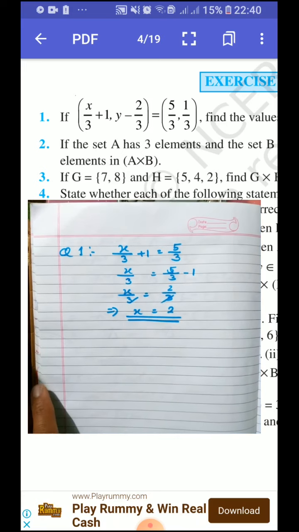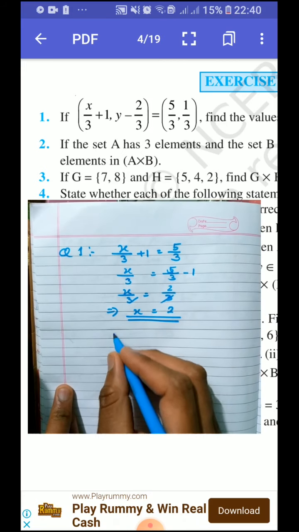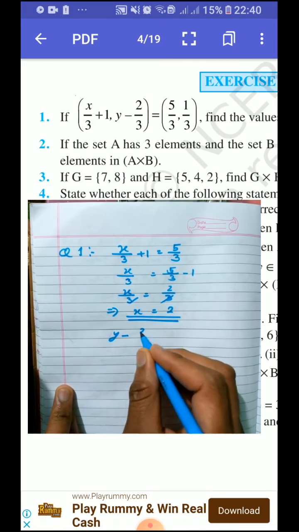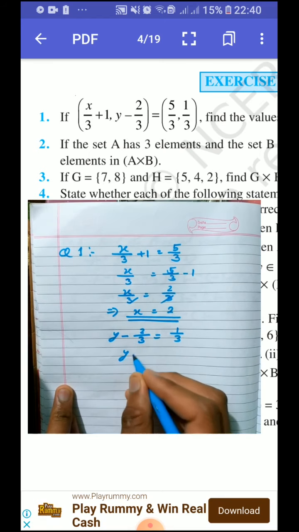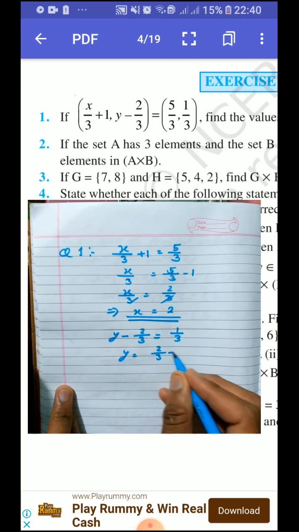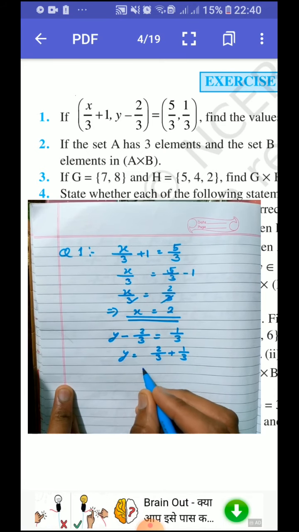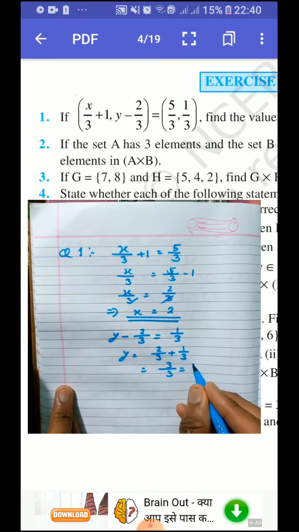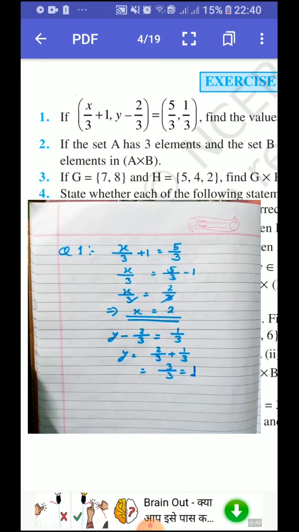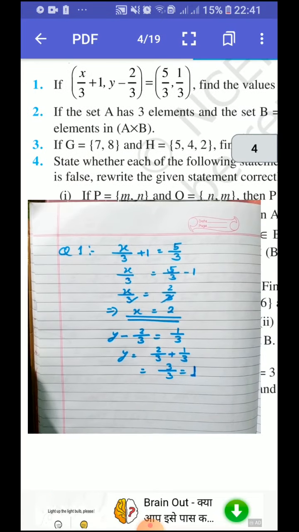Right? Okay. For the value of y, comparing y - 2/3 = 1/3, y = 2/3 + 1/3 = (2 + 1)/3 = 3/3 = 1. Right?